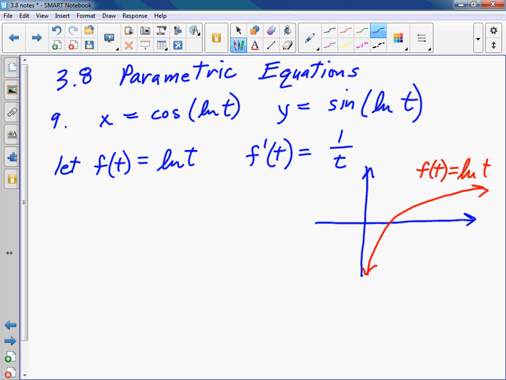So we can say that the particle is moving counterclockwise.